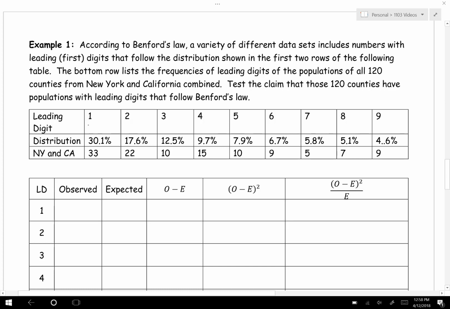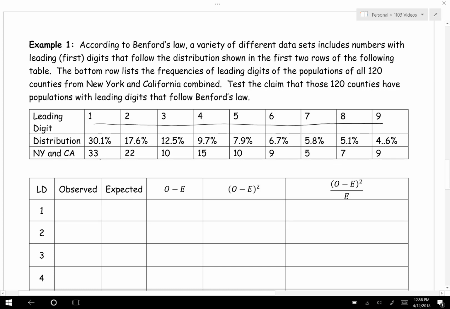The first row in this table has the leading digits, 1 through 9. Second, we have our distribution, the percentage that we would expect to see. So we would expect 30.1% to have a leading digit of 1, 17.6% to have a leading digit of 2, 12.5% to have a leading digit of 3, and so on down the table.